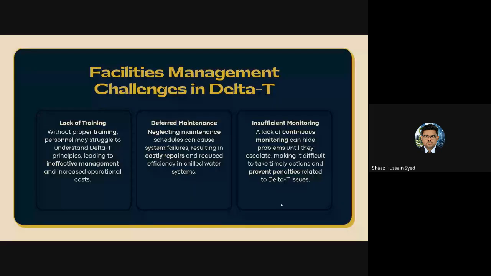And of course, facility management also plays an important role. Even after the project is delivered, facility management takes over. They have to maintain the units by cleaning the filters. They have to maintain and check the valves. They have to recalibrate sensors after a certain period of time.